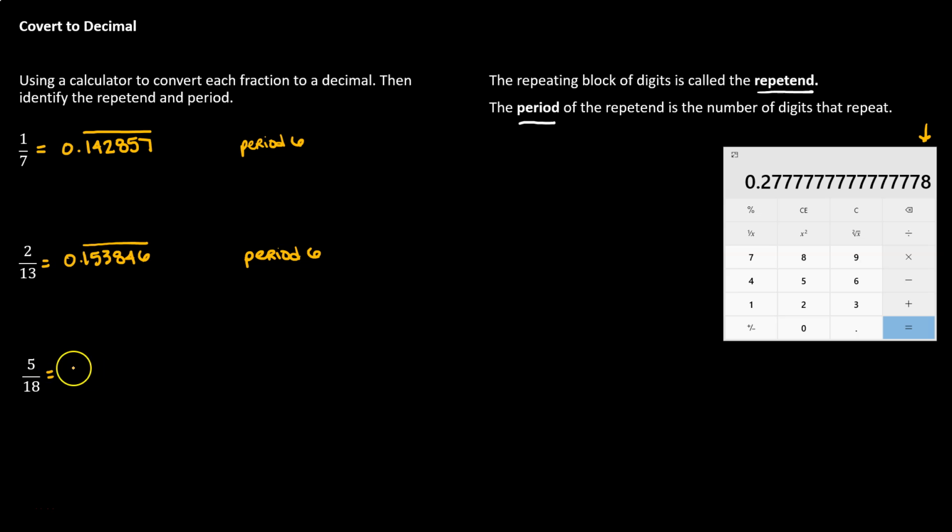So 5 over 18, we have 0.2. The 2 is not repeating, it's the 7s that are repeating, so I'll put the repeating bar only over the digit 7. In this case, the period or the number of digits in the repetend is 1. There's only one digit that repeats, it's the 7, over and over and over. Our calculator is kind of tricking us because it looks like it's saying, oh, it's a bunch of 7s until you get to an 8, but that's actually just a rounding error.